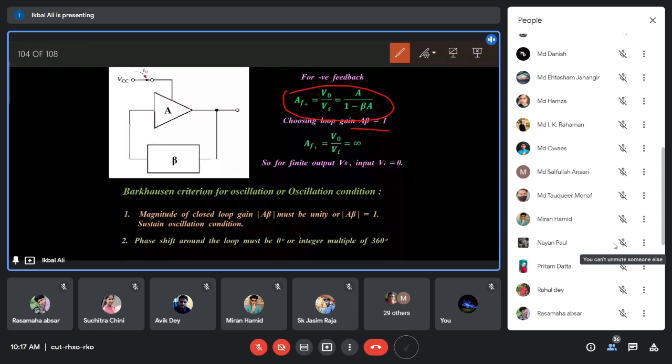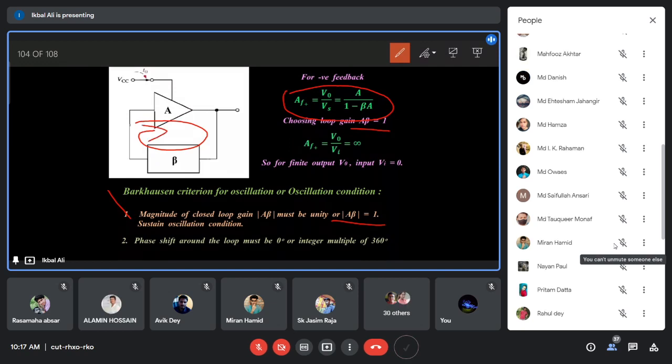And A beta equal to 1 is the Barkhausen criterion, where A in general is a complex quantity, and beta is also a complex quantity. The Barkhausen criterion says A beta equal to 1 is a complex equation. That means the magnitude of the loop gain should be 1, and the phase shift around the loop should be 0 degree, or 360 degree, or a multiple of 360 degree.